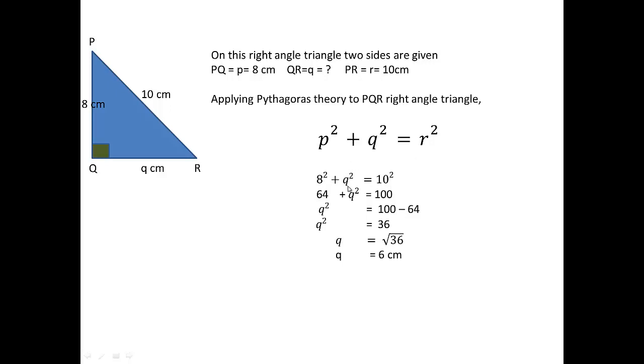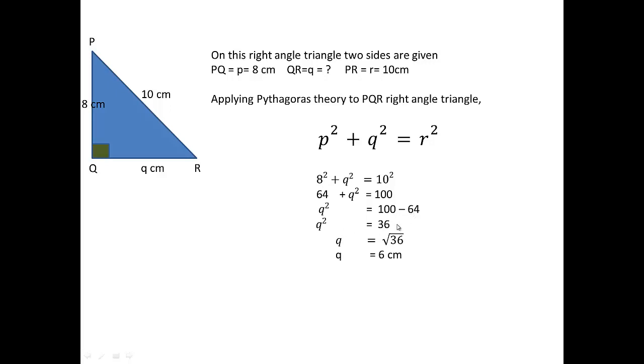Therefore, we use q squared as it is in the formula. 64 plus q squared will be equal to 100. We must now rearrange this formula. We have to move 64 to the other side of the equation in order to make q squared the subject. Therefore, the sign of 64 will become the opposite sign.